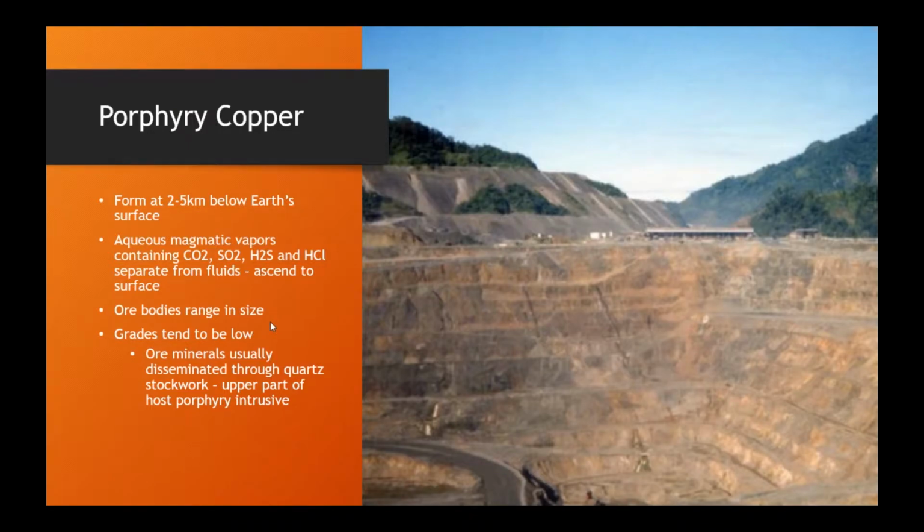These ore bodies range in size from several hundred meters to even more than a kilometer in diameter. The grades tend to be low, and the ore minerals are usually disseminated through a quartz stockwork within the upper part of the host porphyry intrusive.